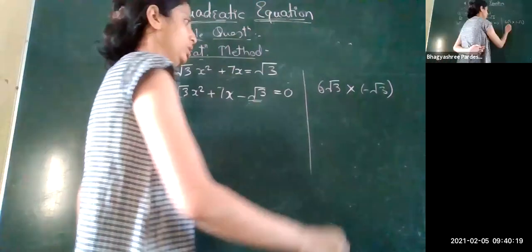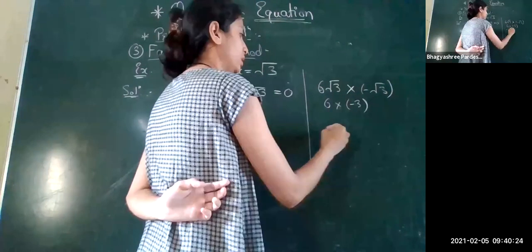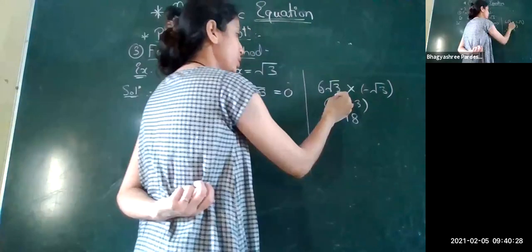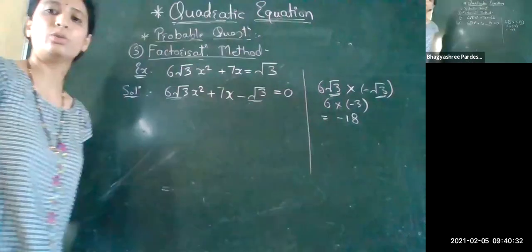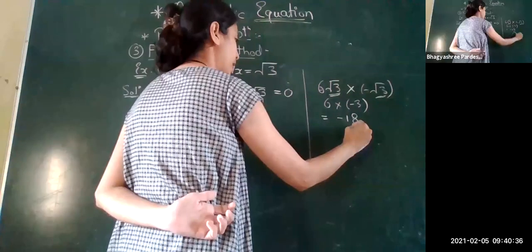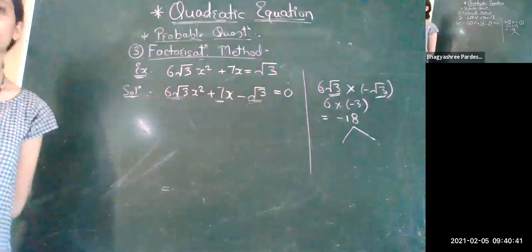Dear students, just do this properly. √3 into √3 is 3, and with the minus it is 6 into minus 3. We got minus 18. Now we have to find the factors of minus 18 so that we will get plus 7. So what factors will be required here?